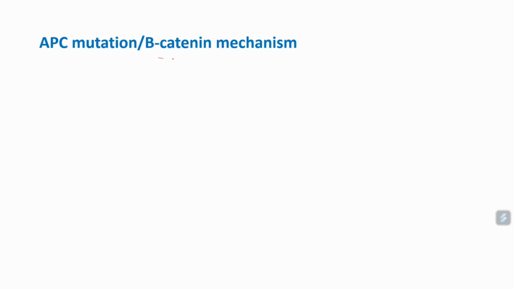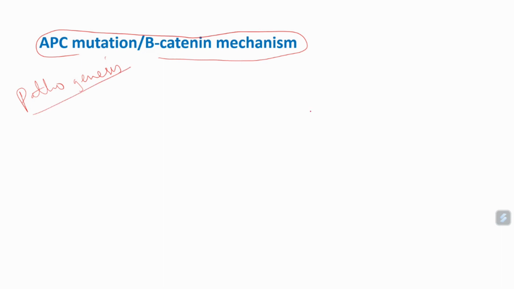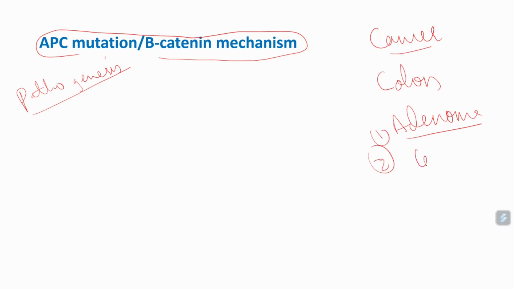All these important concepts we have: APC mutation, beta catenin mechanism. I'll try to tell you this mechanism because it is very, very important in pathogenesis. So now let's talk about how cancer develops in the colon. Cancer here may be adenoma or carcinoma.